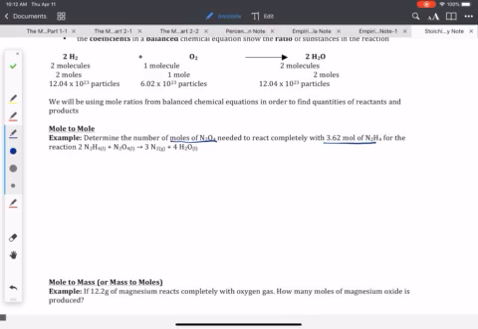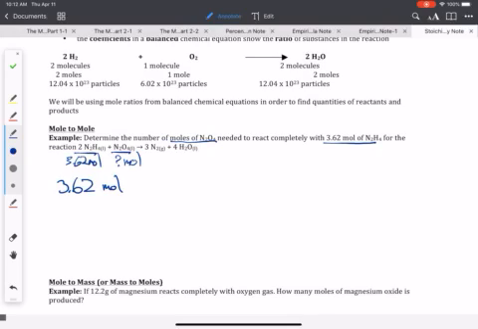We're given an amount of one of our reactants, the N2H4, and asked for an amount of our other reactant. If you look at the balanced equation, they react in a 2-to-1 ratio, so we're going to need half as many moles of N2O4 to react with our N2H4. So I'm just going to write that out.